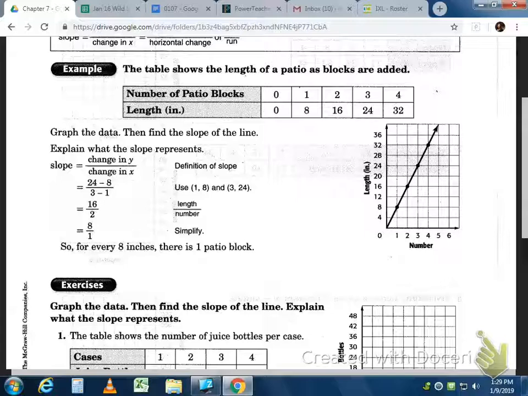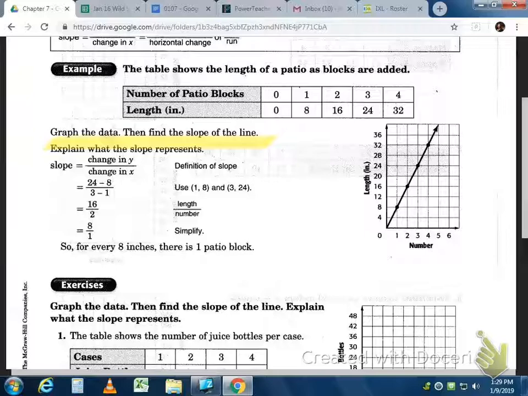If there's 1, it's 8 inches. If there's 2, it's 16, and 3 is 24, and 4 is 32, and so on. So it says to us, and this would be a problem that you would have to get, graph the data, then find the slope of the line, and explain what the slope represents.